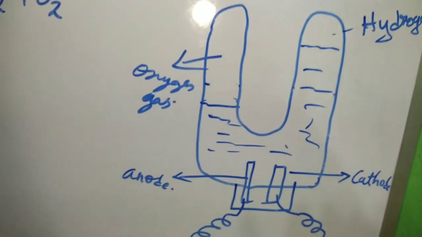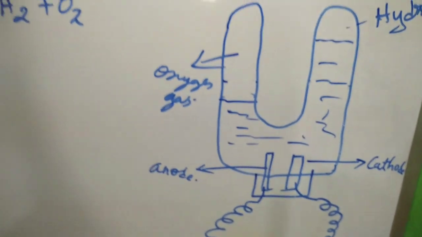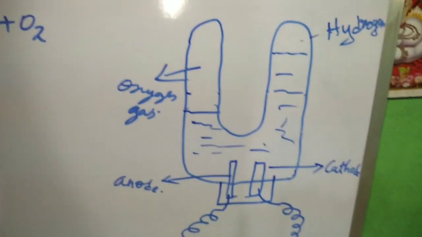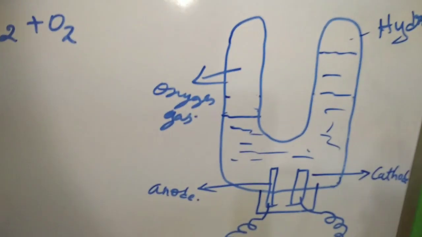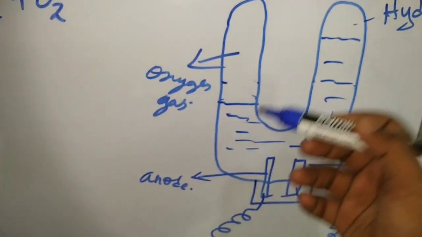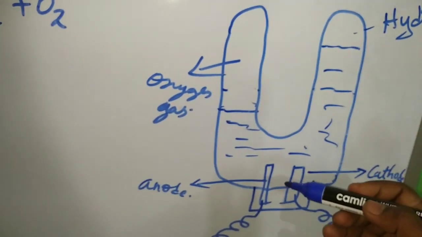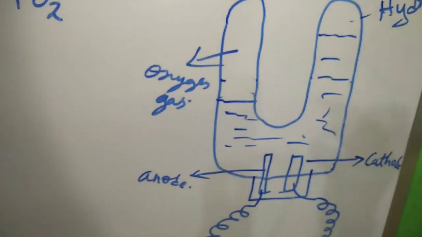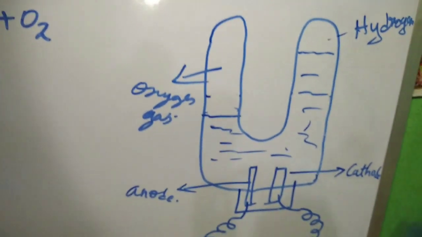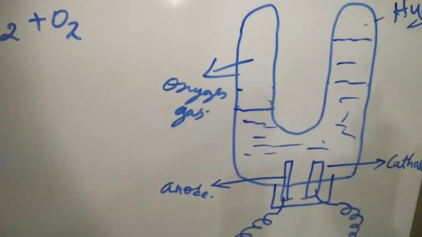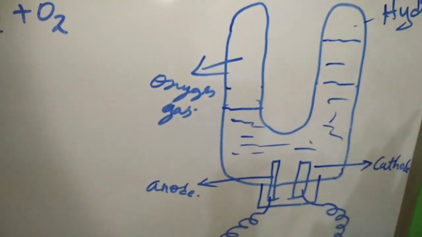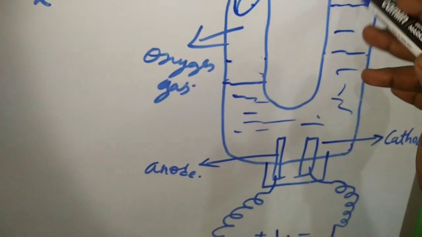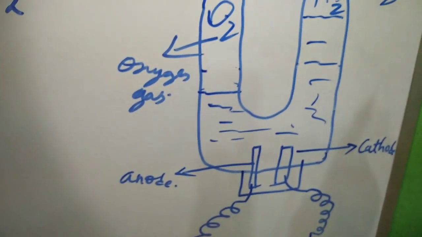Means after the time passes, you will see that one level of the water goes down, and one level of the water rises up, and the conclusion will be that the electrolysis reaction is done. Okay, here the oxygen and here the hydrogen are present.